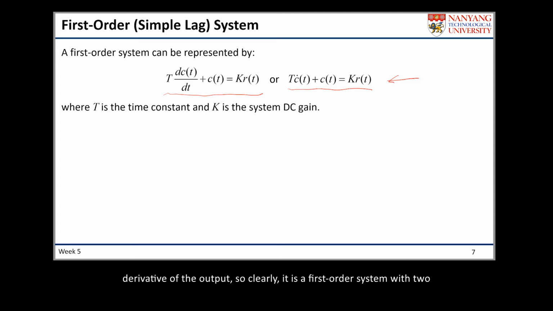So clearly, it is a first order system with 2 parameters: T, which we call the time constant, and K, the DC gain. So if you have a first order system, you always have 2 parameters: time constant T and DC gain K.